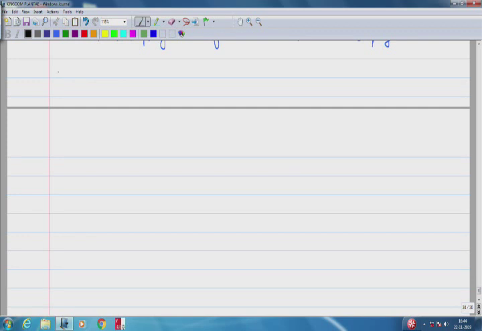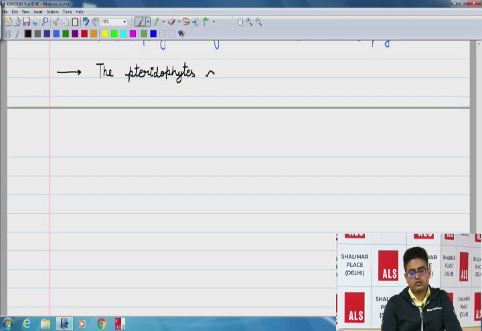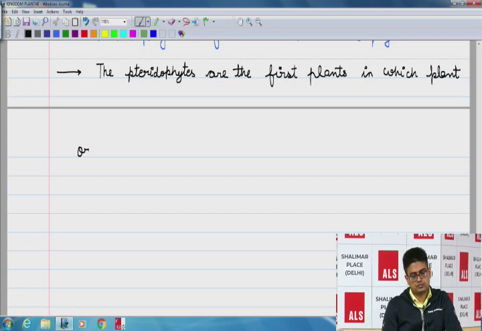So please write about this. The pteridophytes are the first plants in which plant organs are first seen.